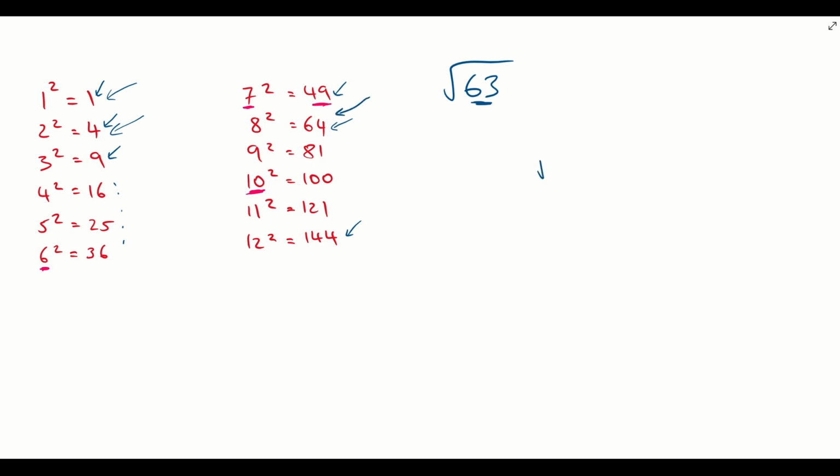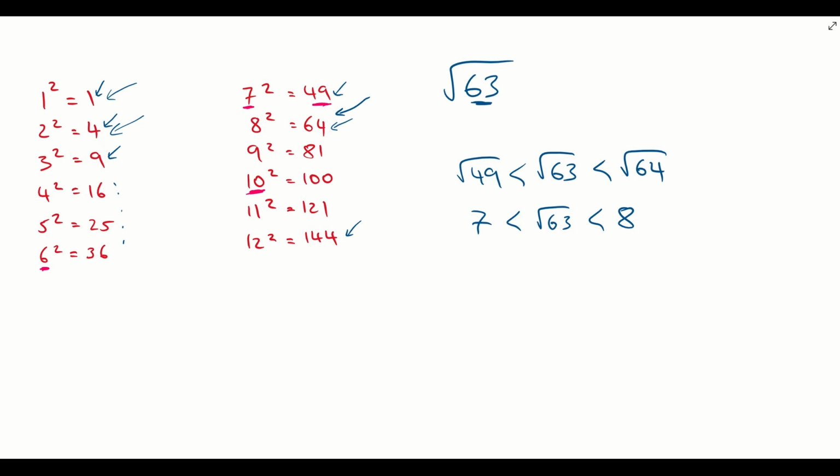So the square root of 63 is going to be bigger than the square root of 49, but it's going to be less than the square root of 64. And what does this tell us? It tells us that 7 is less than the square root of 63, but the number 8 is bigger than the square root of 63.